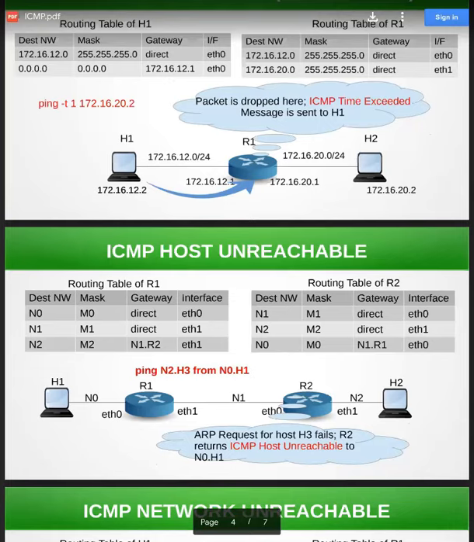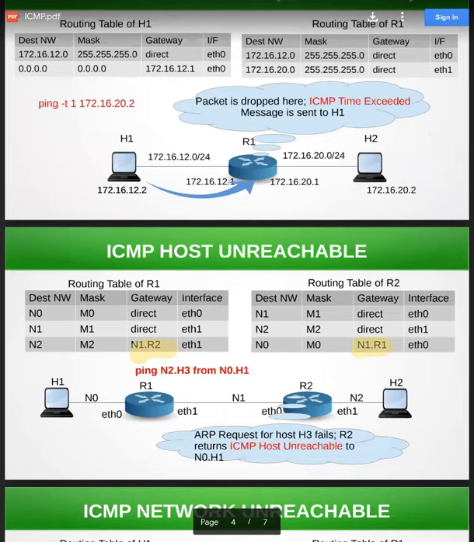So what happens? The packet comes from H1 to R1 because H1 has a default route to R1. I've shown the routing table entries for R1 and R2. Now here, what I want to emphasize is that when you talk about the next hop address, it cannot be N2.R2.